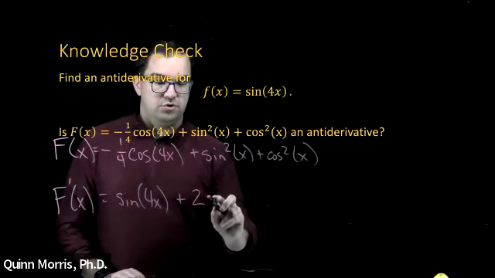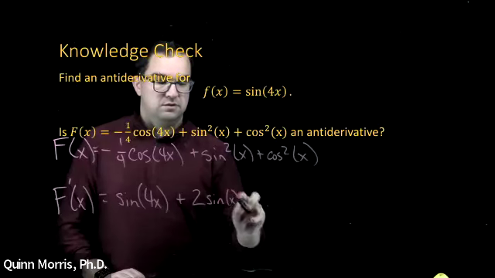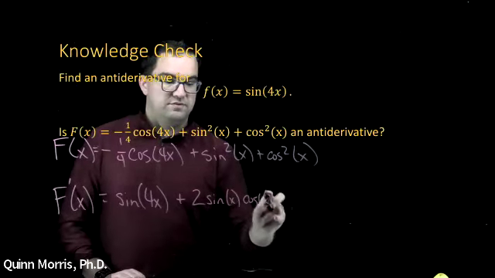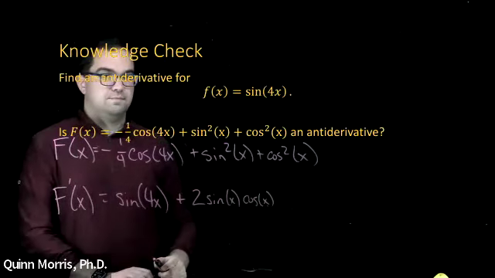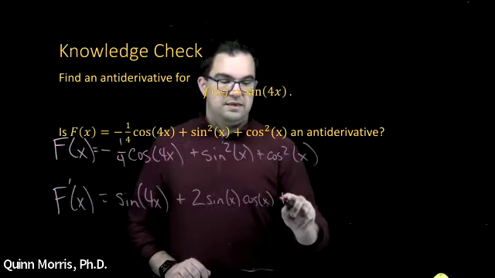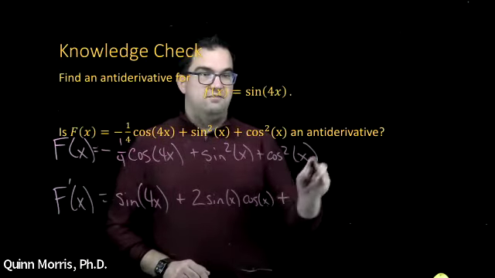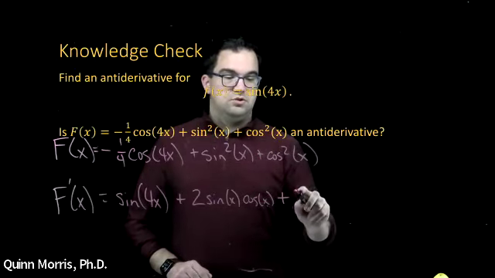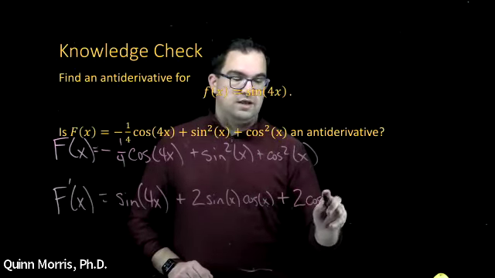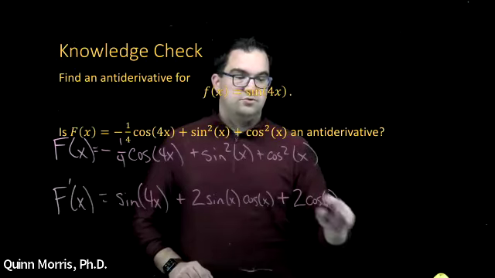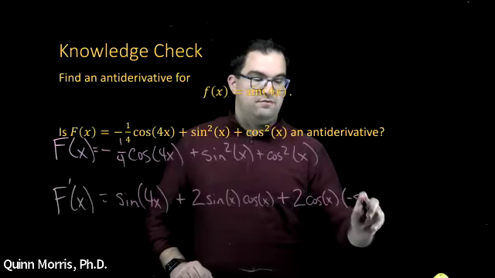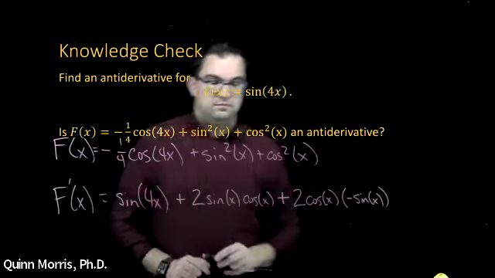So this is going to be 2 sine of x times the derivative of sine of x, which is cosine of x. And the derivative of this piece, this is really cosine of x squared, right? So the 2 is going to come down, cosine of x to the 1, times the derivative of cosine of x, which is negative sine of x.